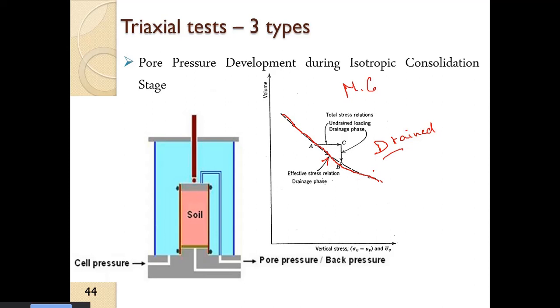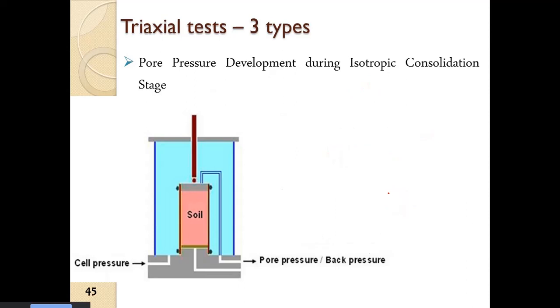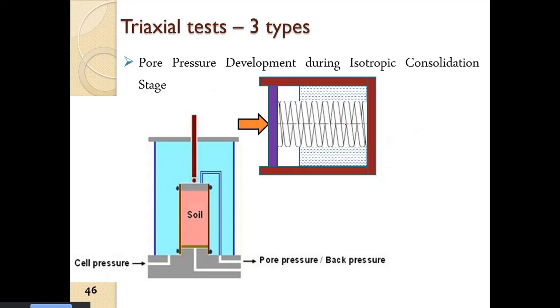If it is undrained, definitely drainage is not allowed, and therefore it will result in a change, or an increment, in the pore water pressure. So we have seen that the stiffness of the soil also affects the change in the pore water pressure. But that is not the entire thing.